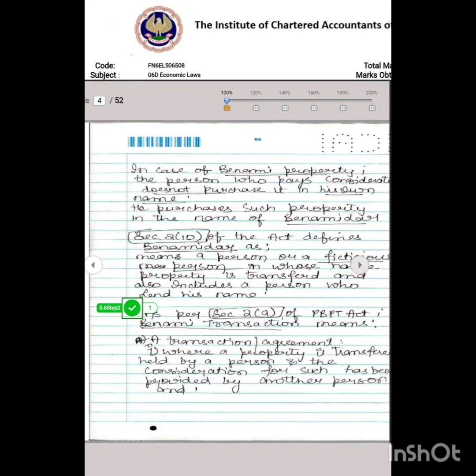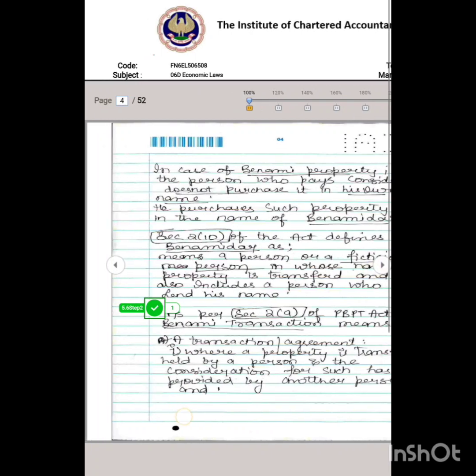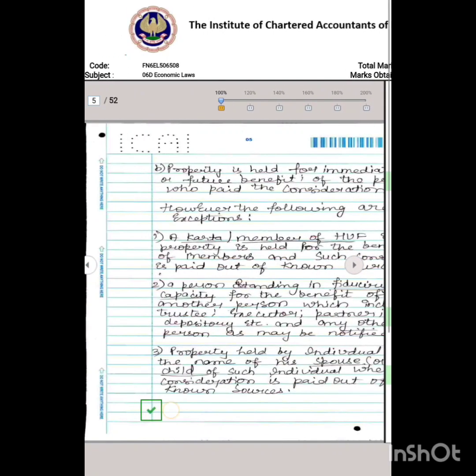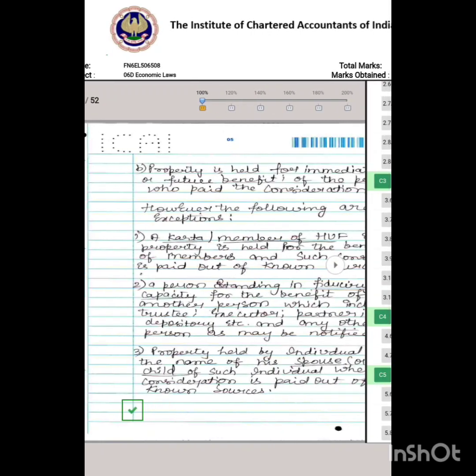The other important thing is you have to present your answer point wise. You cannot write in para. This is how I presented my answer. Everywhere I have underlined, and I have also written the section numbers. This is not a big deal for us because it is already in our material. You have to just copy paste from there. I want you all to write the section numbers also, because that gives you an added advantage.